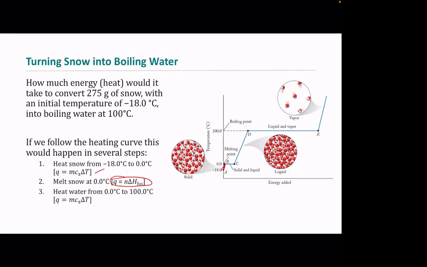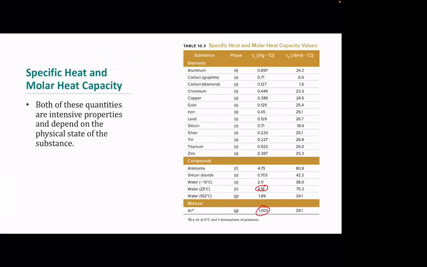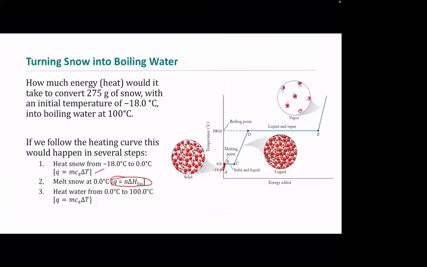Heating it using this equation. Your delta T is 18, right? Change in temperature. The mass of water, we got 275 grams. And then you use your 4.18, your C_s, joules per gram degree C.